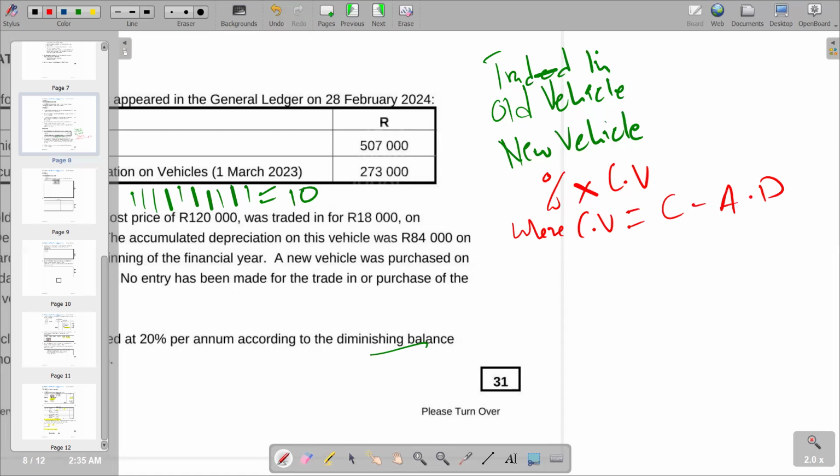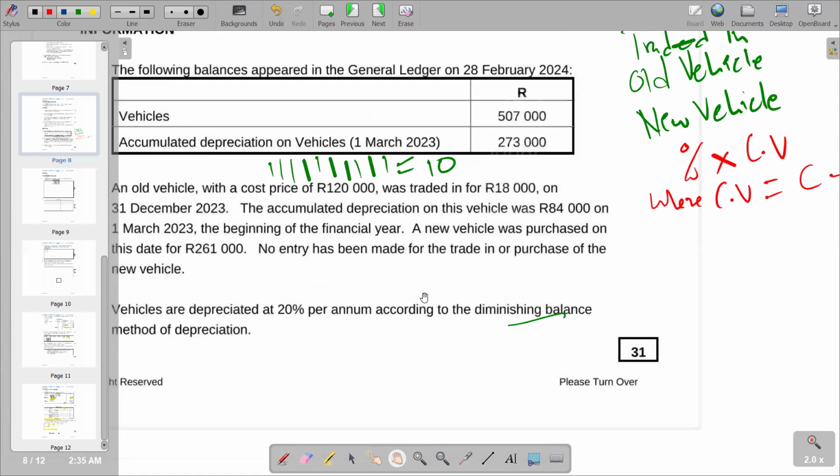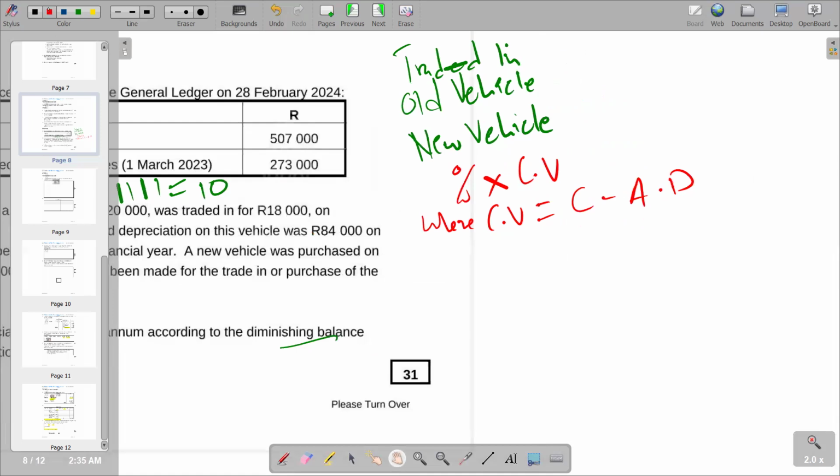So the cost of the traded in vehicle is 120,000 minus accumulated depreciation of 84,000, which gives the carrying value.